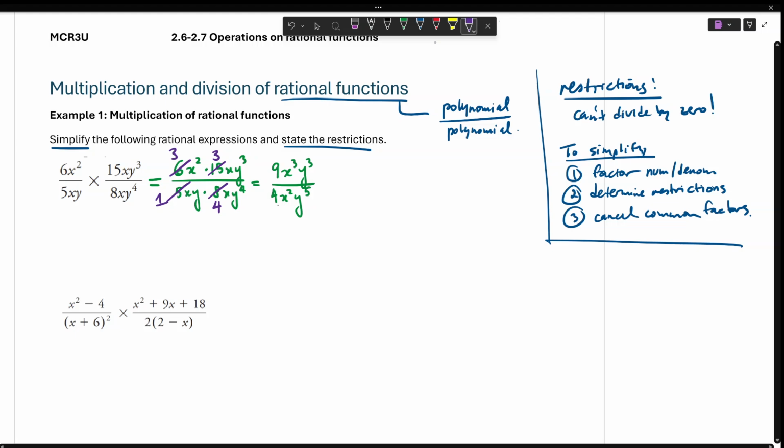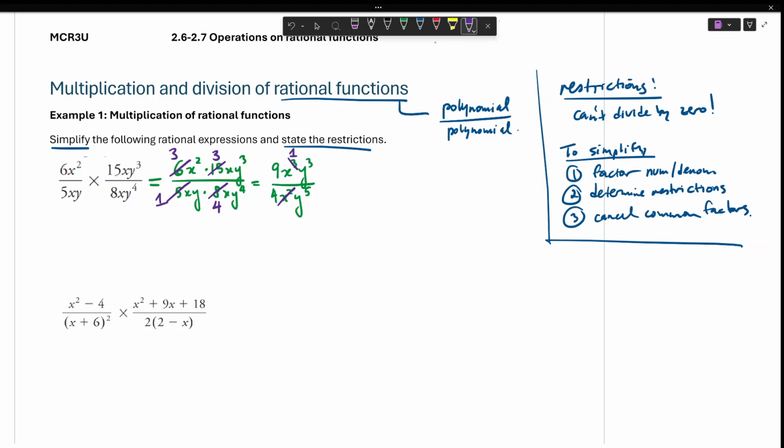That means you can take out 2 of them from the top and the bottom. That leaves 1 x upstairs. Same thing for y. You have 3 of them upstairs, 5 of them downstairs. You can take away 3 from both of those, so you're going to be left with 2 of them downstairs. Final simplified expression is 9x over 4y squared.